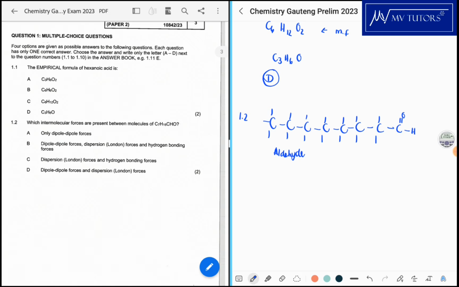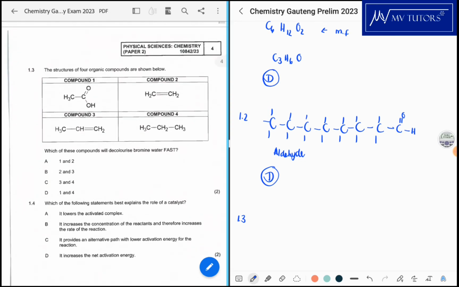Well, hydrogen bonding is very strong, so you can't really have both strong and weak. It's either strong or it's weak. So B and C we're not going to consider. Between A and D, the answer would be D.